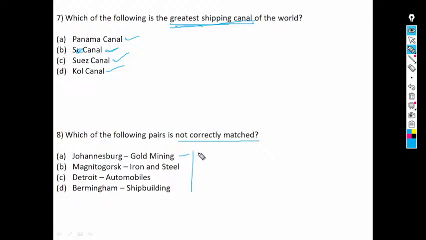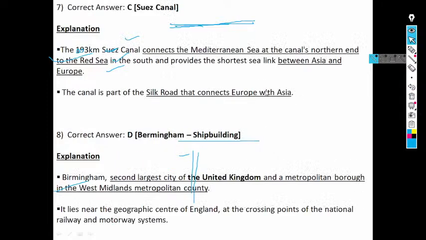Which one is not correctly matched? It is Birmingham shipbuilding. Here the answer is, Suez Canal is correct and Birmingham is the mismatch. I will explain each one by one consecutively.